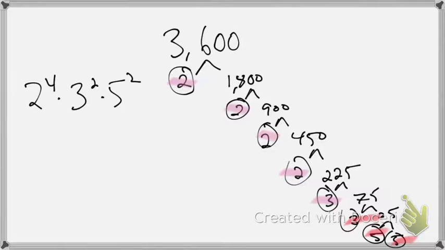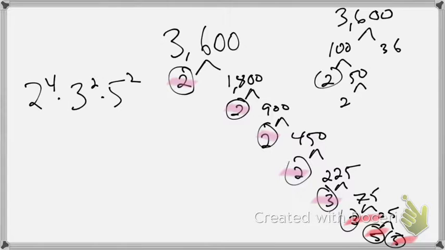So this is called prime factorization, and you don't even have to do it by 2s like I did. You could start with 3600 and divide by 10, then you just break up those things, 2 and 50, 25 and 2, whatever you see, until you get to prime numbers, and it'll always be the same prime numbers.